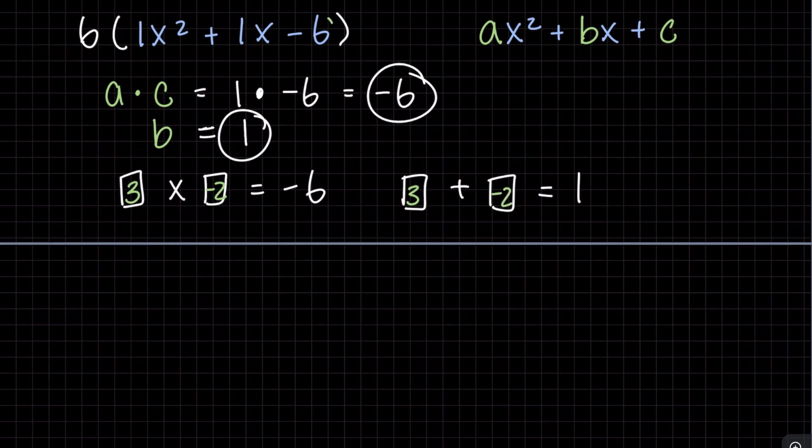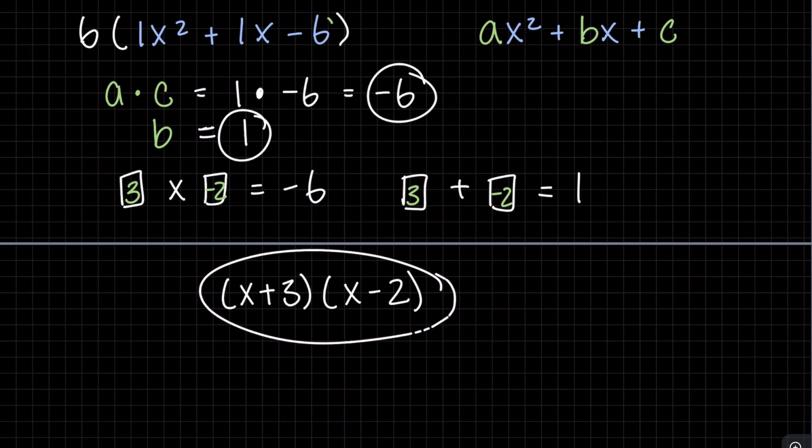So now that I figured out that my two numbers are positive 3 and negative 2, I'm going to rewrite this equation as x plus 3 and x minus 2. So this replaces this equation right here.